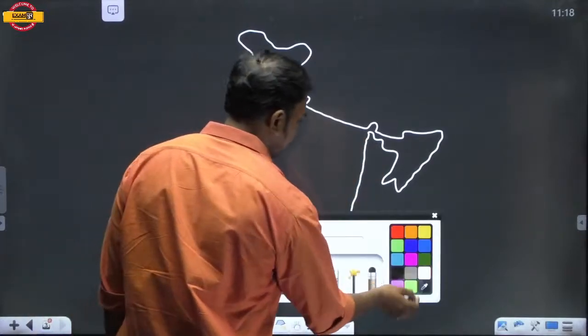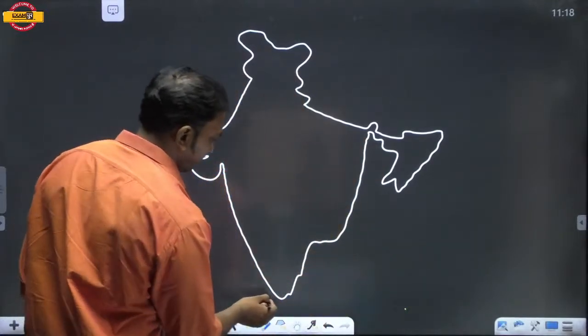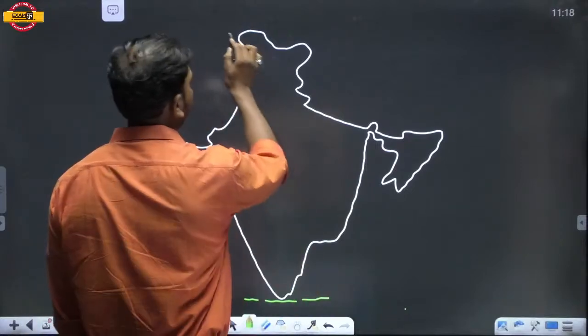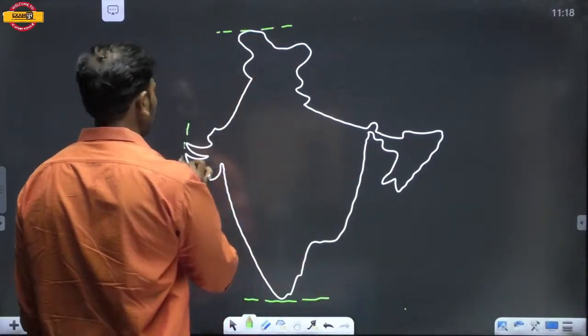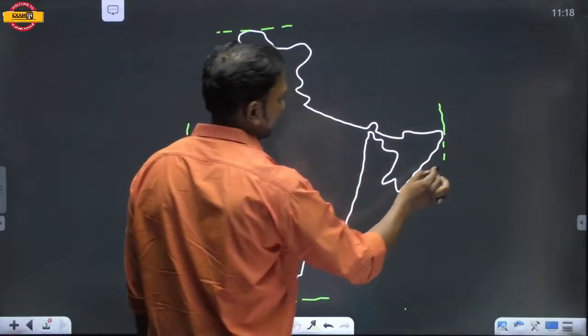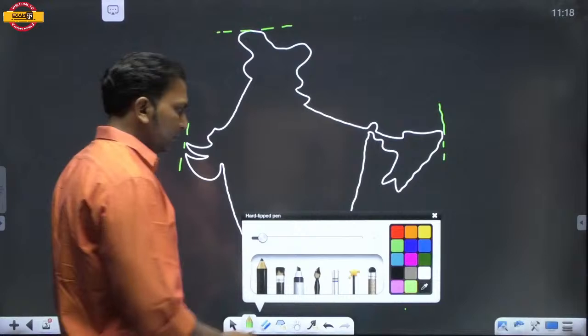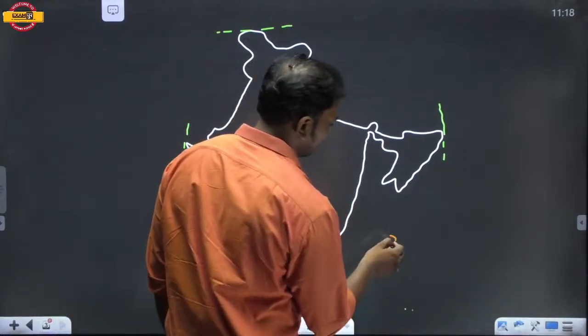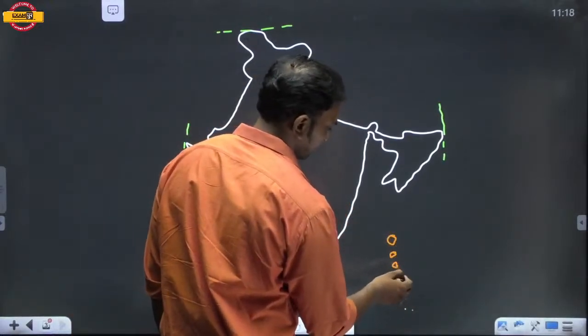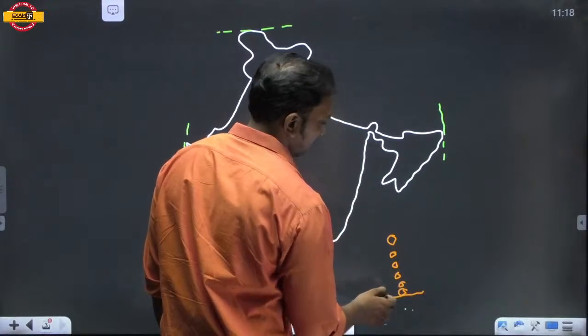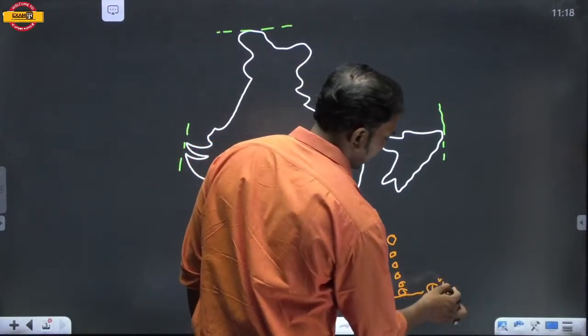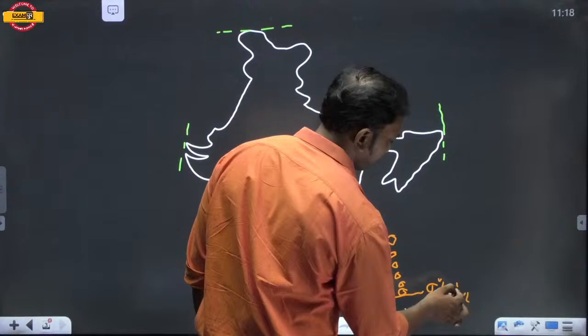So we have just discussed the two parallels of latitude and the two longitude lines in which India lies on earth, and there are some islands also. Here it is 6 degrees 45 minutes north latitude.